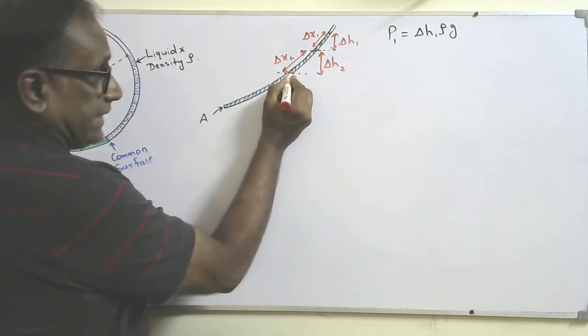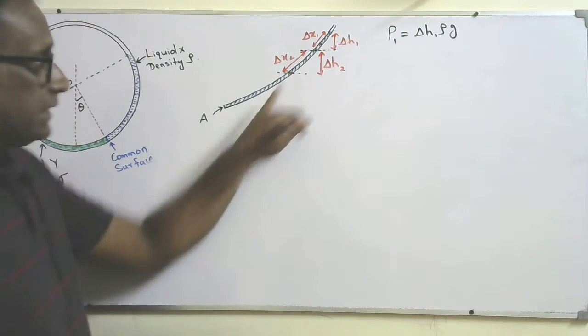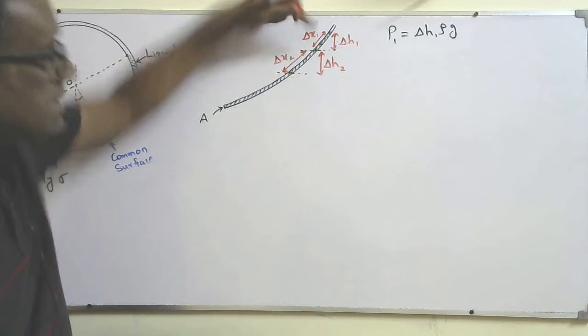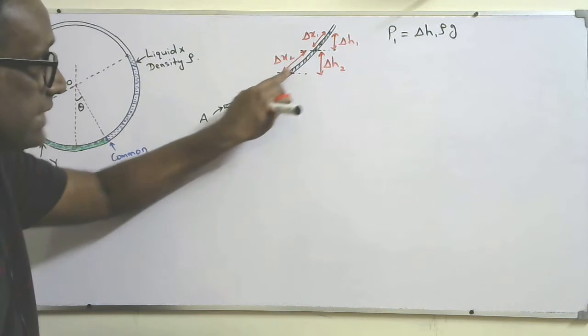So the liquid pressure here will be this liquid pressure plus the pressure due to this length of column.